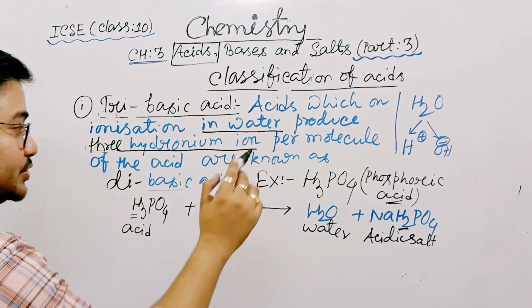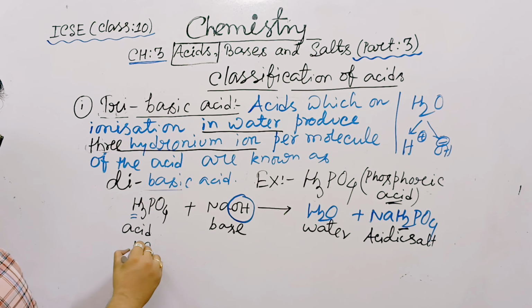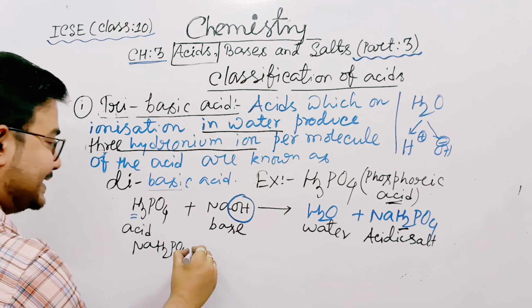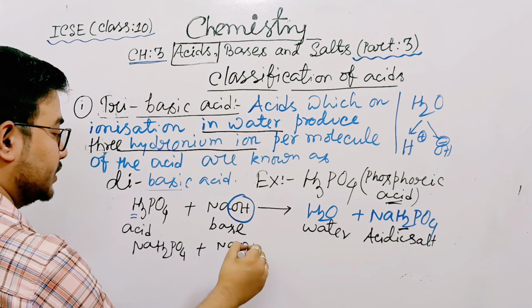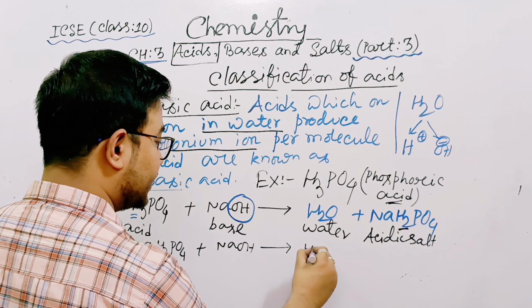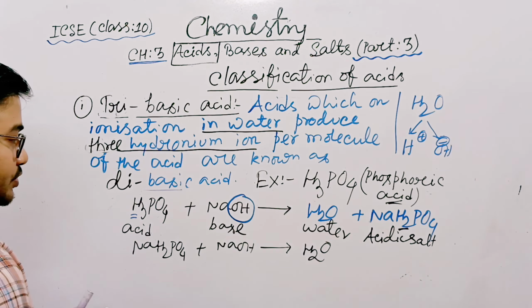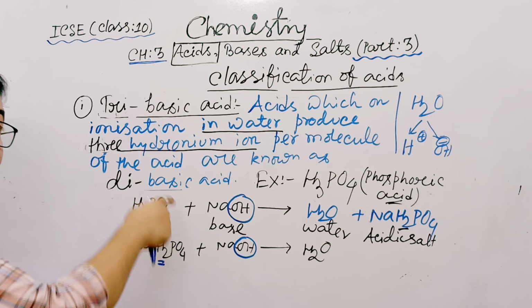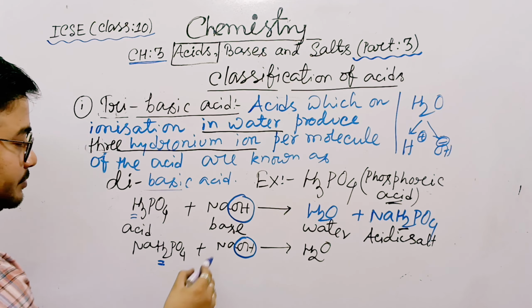Do you understand? So take it again in step 2, NaH2PO4. Since it is already acidic, take another base. So it is acid because acidic salt. Acid plus base again forms water. Okay, so water means again OH and 1H. See, another H is also left. So which one is left behind here?